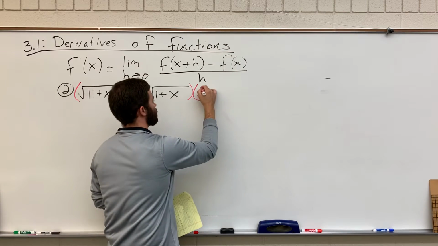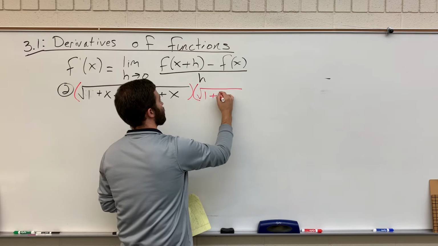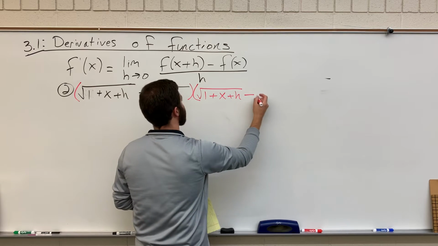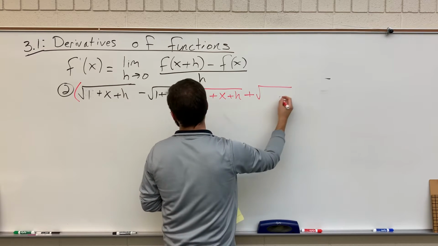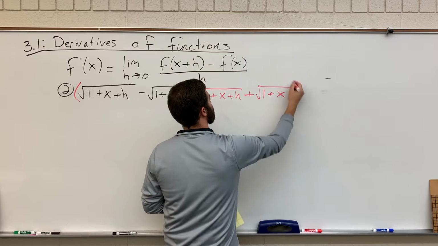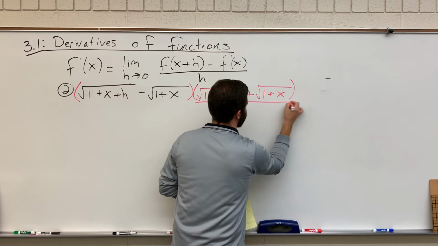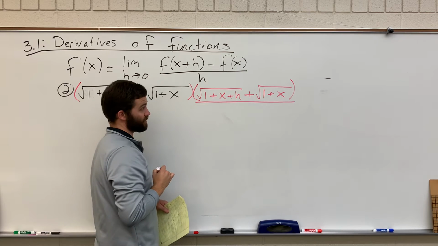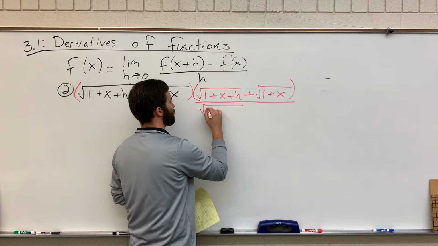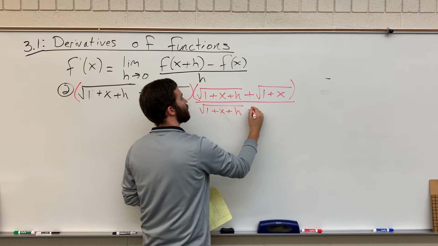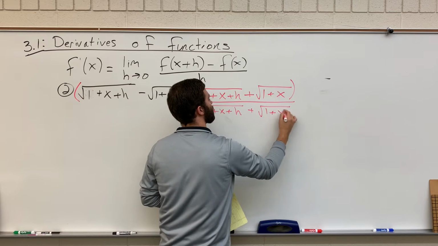So it would be the square root of 1 plus x plus h plus the square root of 1 plus x. Now we can't just multiply by that, right? We have to multiply by it on the top and the bottom. So square root of 1 plus x plus h plus square root of 1 plus x.